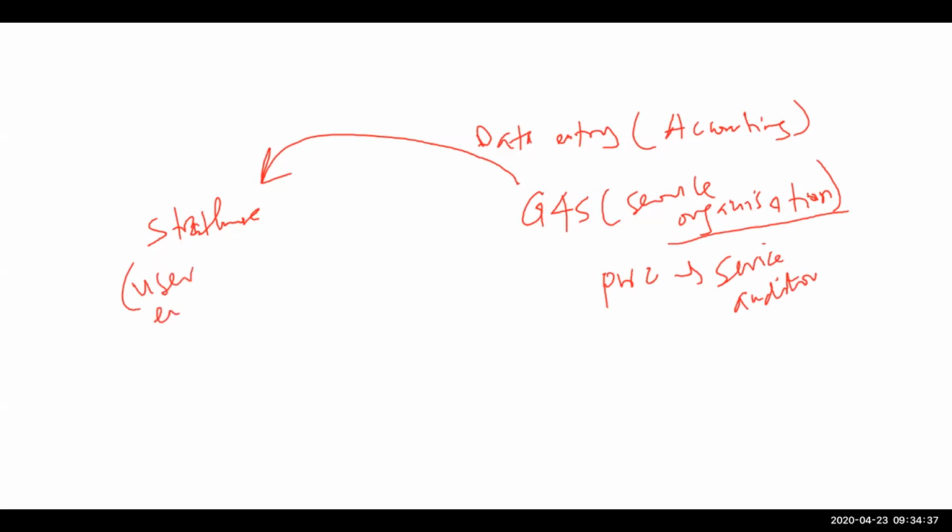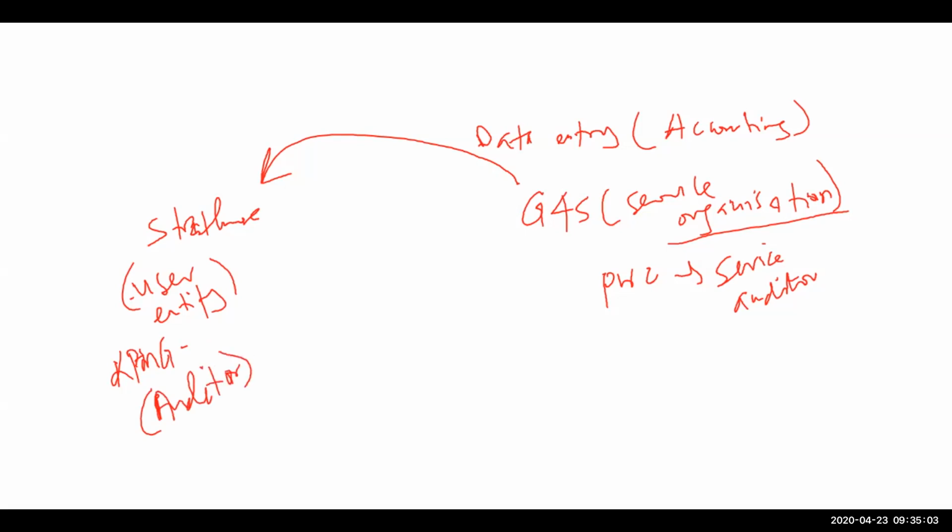In that context, if we have KPMG here being the auditor of Strathmore, KPMG becomes what is referred to as the user entity auditor, or maybe simply the entity auditor.